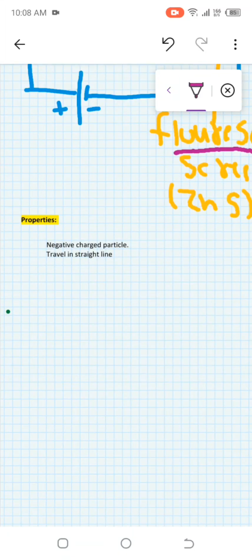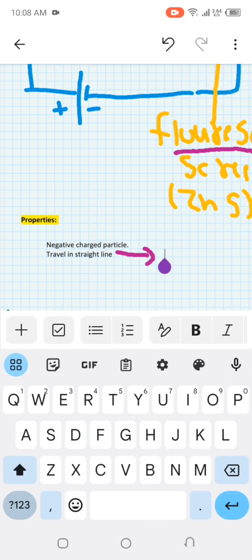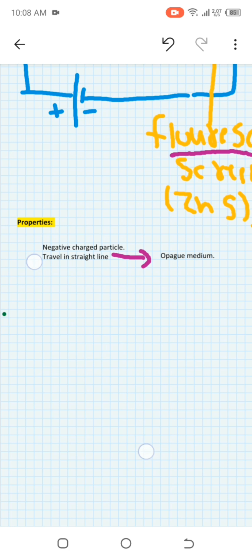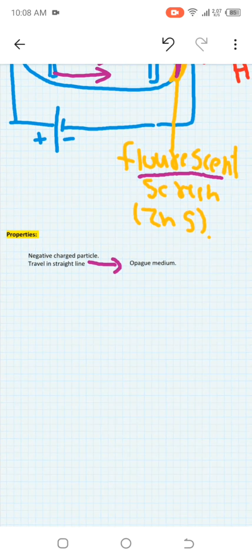Now how did he identify that? He placed an opaque medium, through which he identified that these rays aren't deflected, but are moving in a straight line.